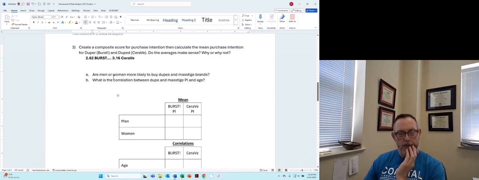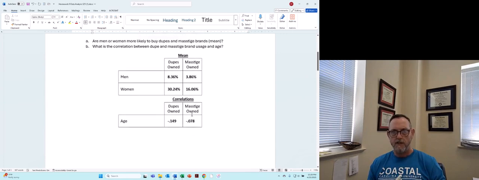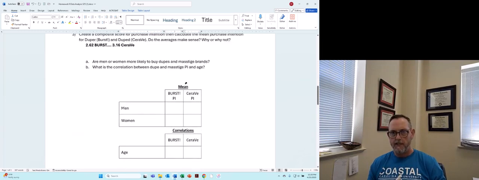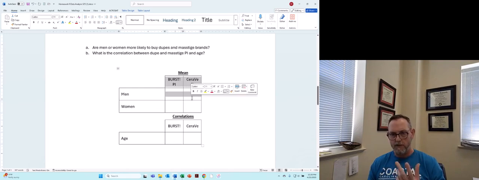Okay, so this is going to be a little bit different because again, it's a 2x2. In the other one, it wasn't so much a 2x2 because these are separate variables. Dupes owned and masstige owned are separate variables. Here, PI is the same variable. It's one variable split twice.